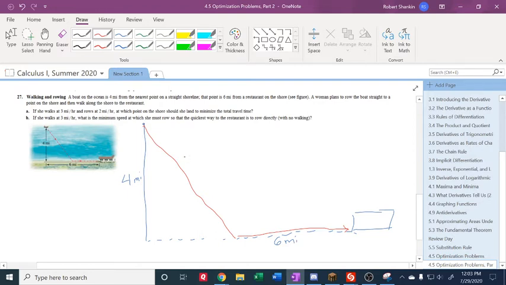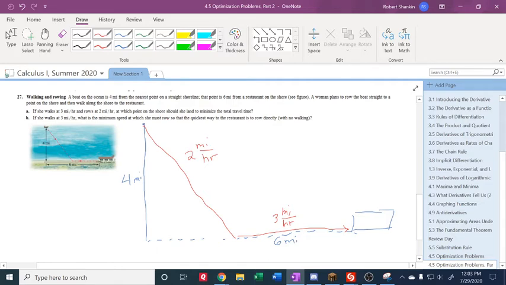She walks, she rows 2 miles per hour. In this part, she goes 3 miles per hour. Okay, but I don't really want a miles per hour here. I want a distance here, and I want a distance here.